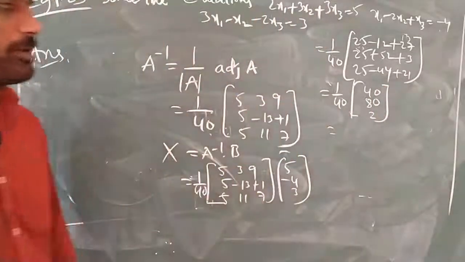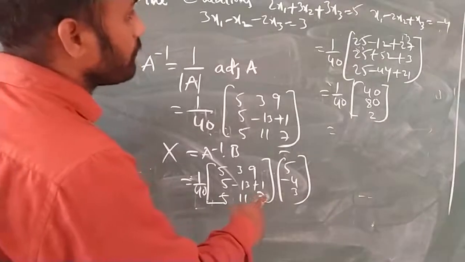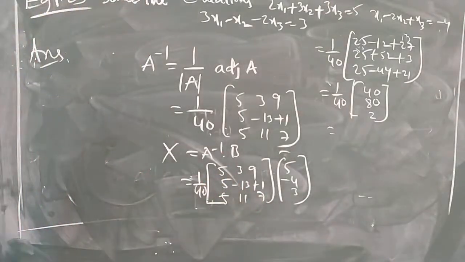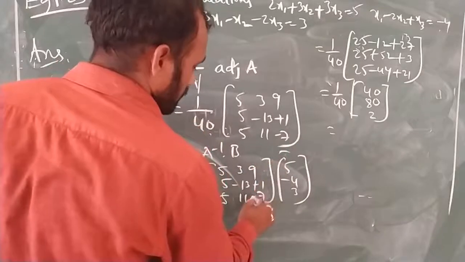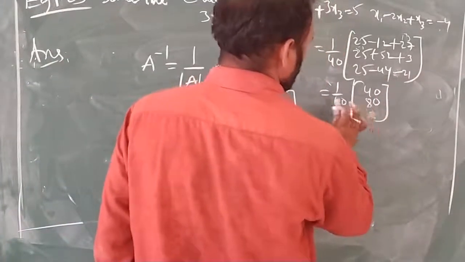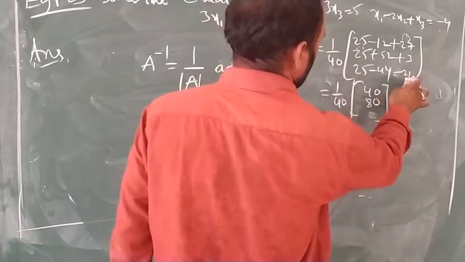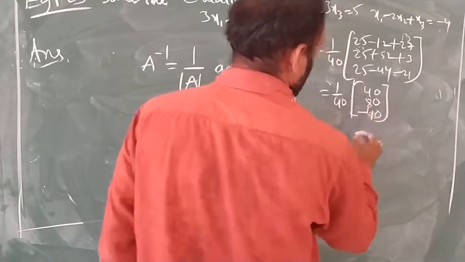So we got 1 by 40 into 40, 80 and here 5, -4, 5, 11, and here it is minus 7, so it will become minus 21. So 25 minus 4 minus 21 is minus 40.